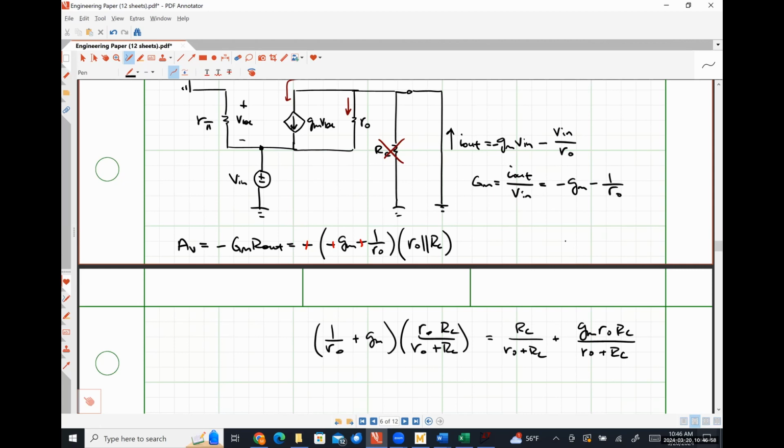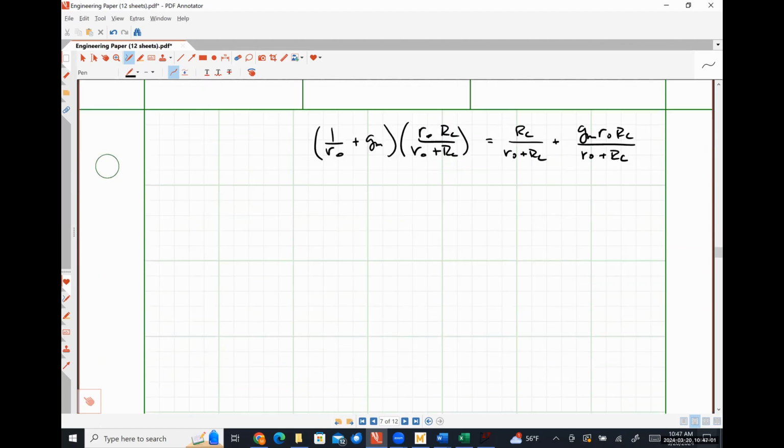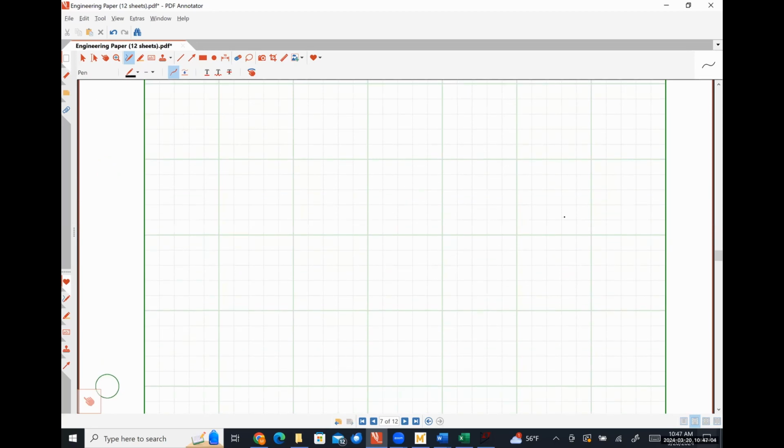Yeah, so let me draw it in a way that might help explain why that'll work, okay? So our circuit was something like this. Right? I'm just grounding that because I'm lazy. Okay.